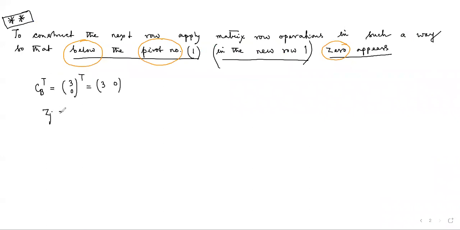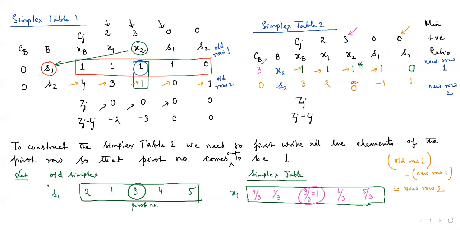And let me remind you that Zj is nothing but the product of CBT with Xj. So all the elements will be multiplied by this row 3, 0 now. Previously it was getting multiplied by 0, 0. Now it is going to get multiplied by 3, 0 because the matrix has now changed.